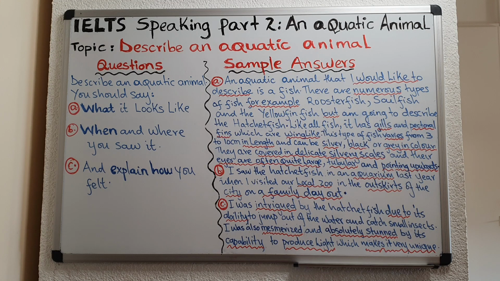For example, when, okay, and on, which are prepositions, but in this case, they connect ideas together. And then in sample answer C, I used due to and I used and. So use a number of linking words to join your ideas together.